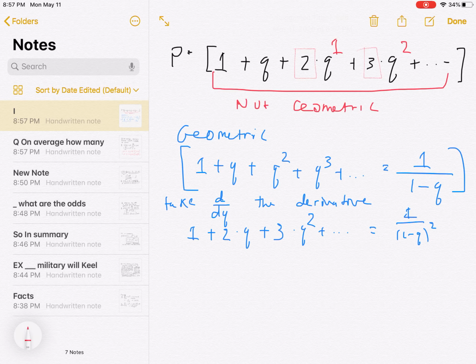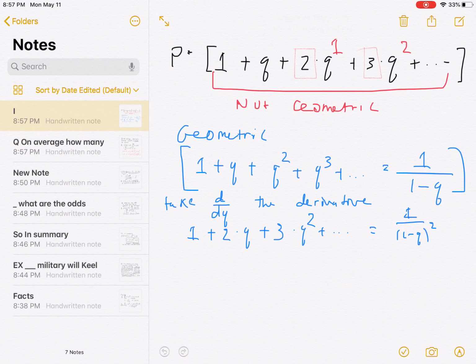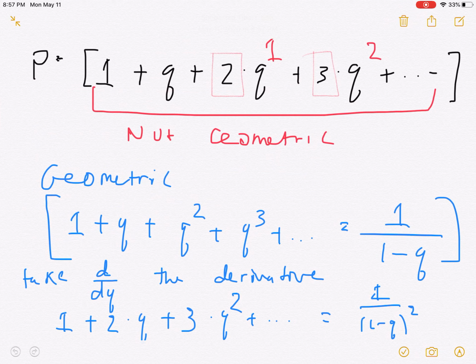That should be squared. Now notice the derivative that we took right here matches exactly what we have on top. So I'm going to use this to determine this sum. Let's do that.